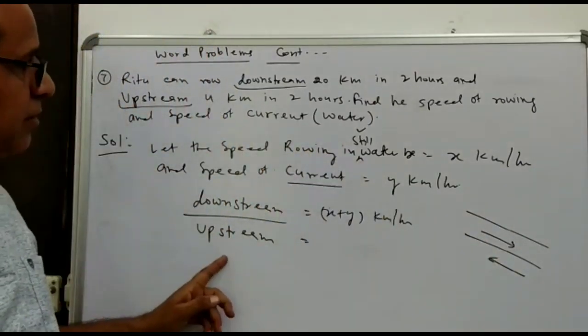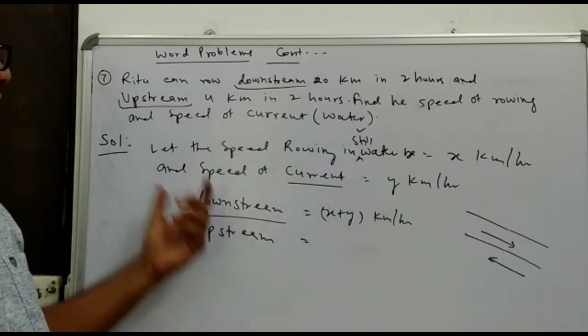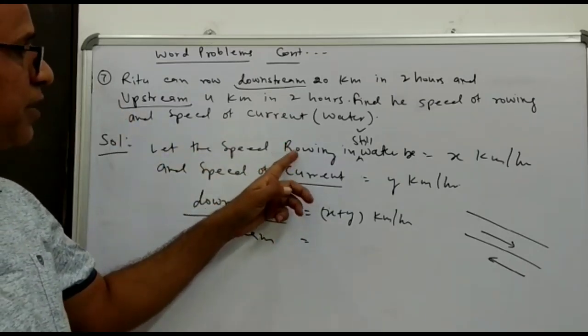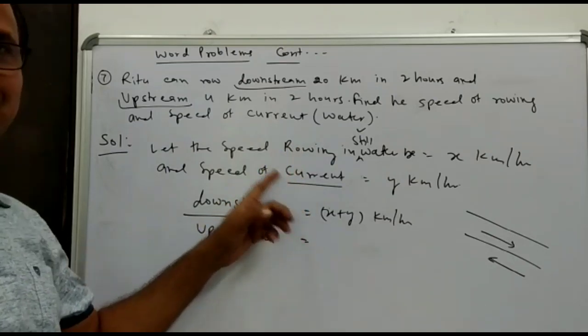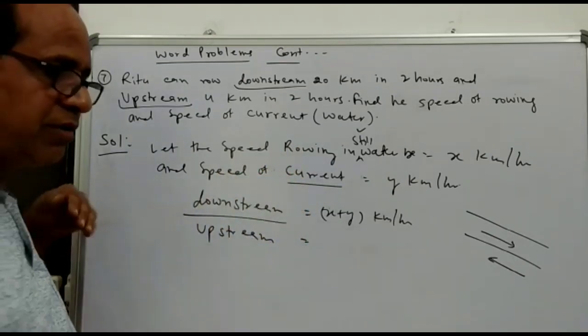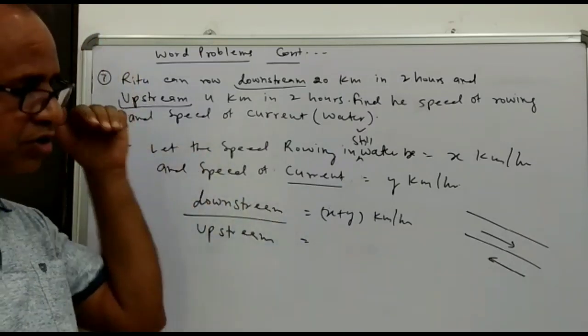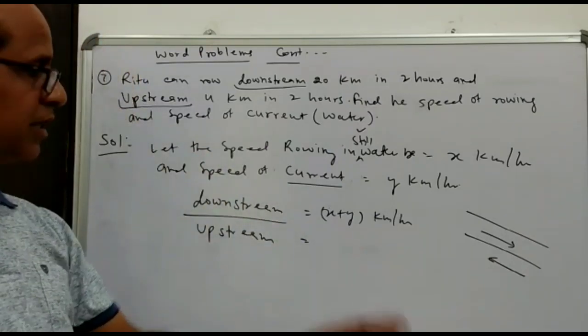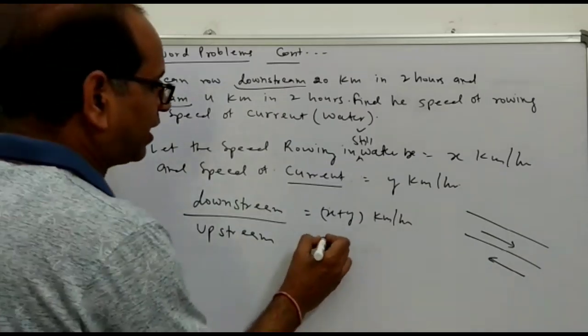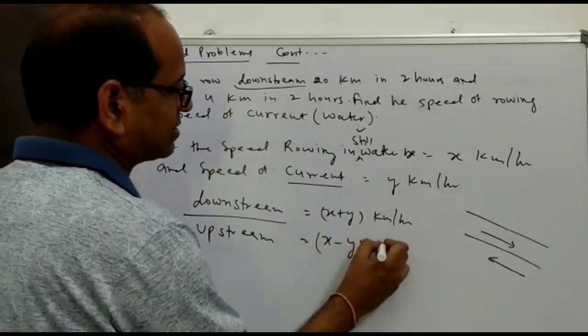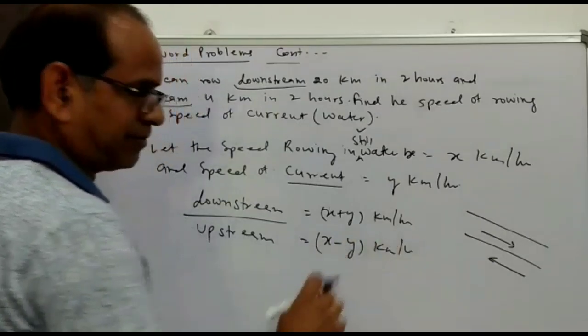The water is flowing like this and he is moving opposite to the water. Now in upstream, he will be able to move only when the speed of rowing is more than the speed of the water. Like you are going this way 10 km per hour and the water is going 2 km per hour down. Then in 1 hour, what will be your speed? It is x minus y.